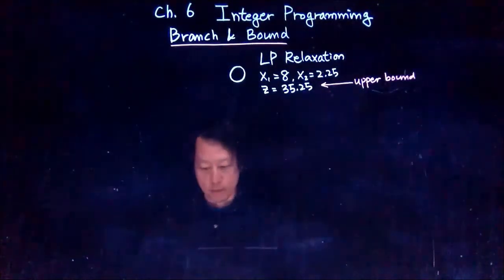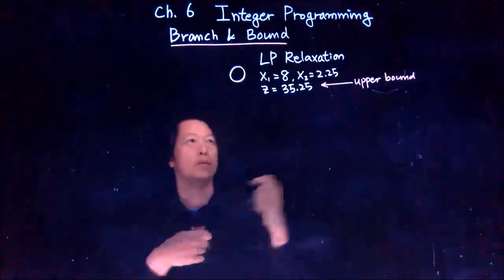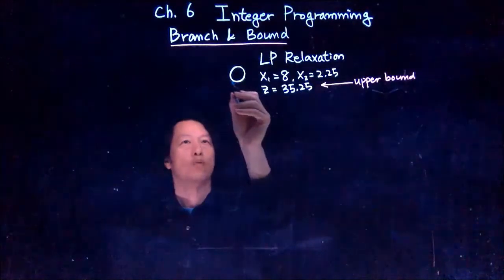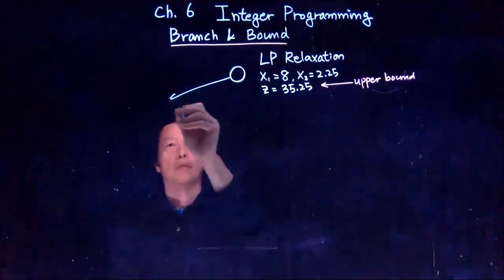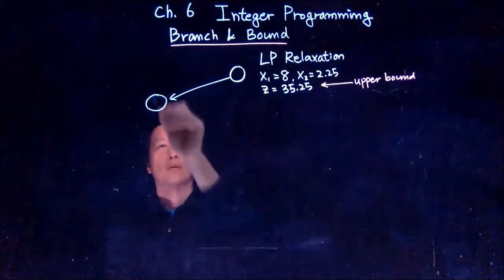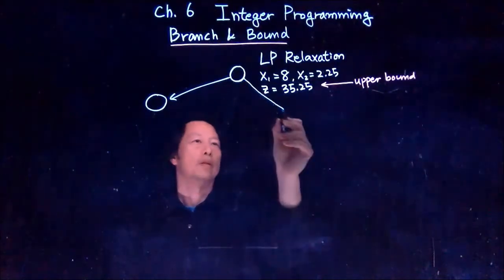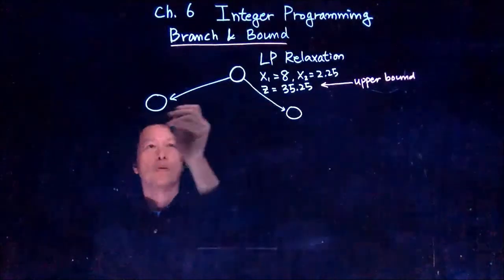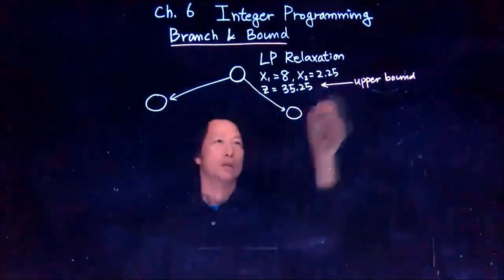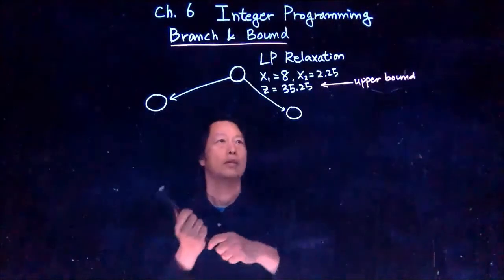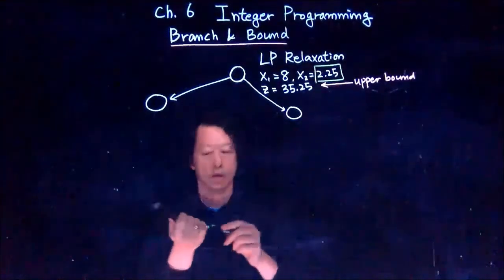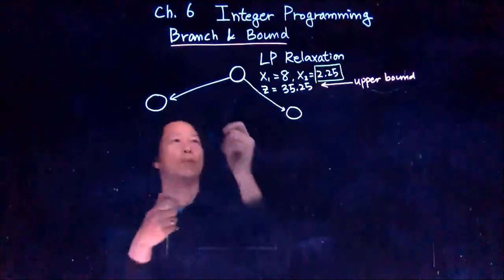So now we will make a branch here. This one is just one LP relaxation problem, and we will branch out. Since x2 has a non-integer value, we will branch on x2.